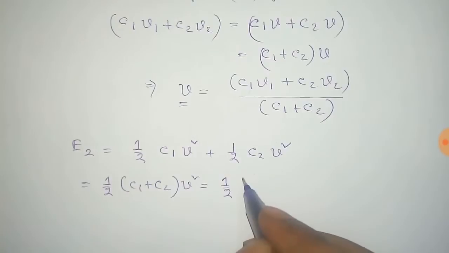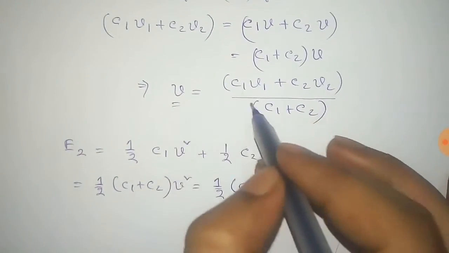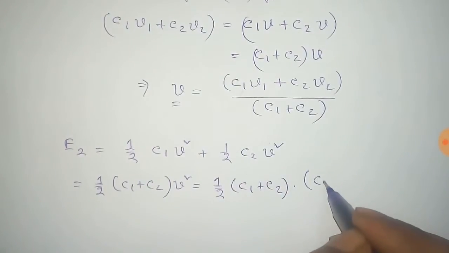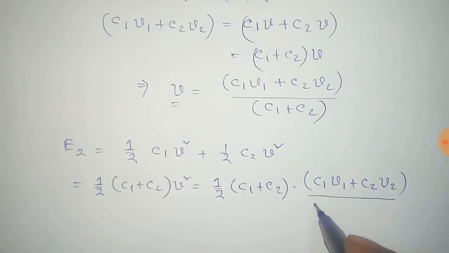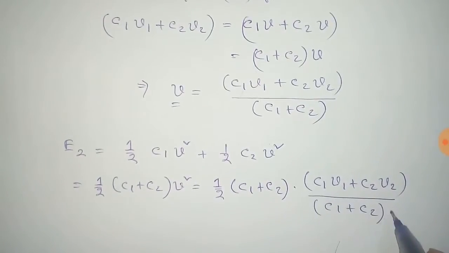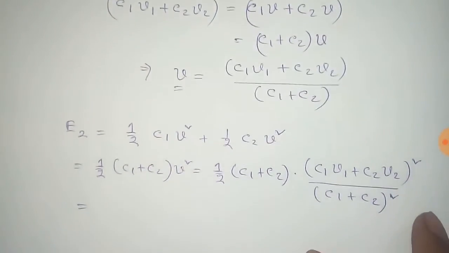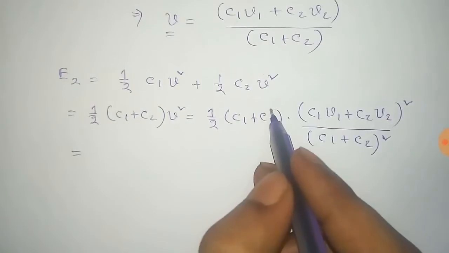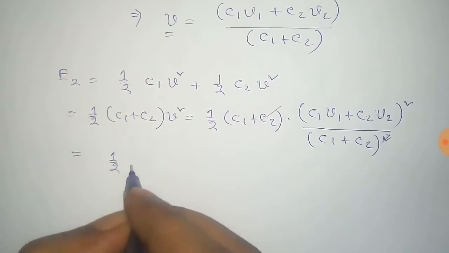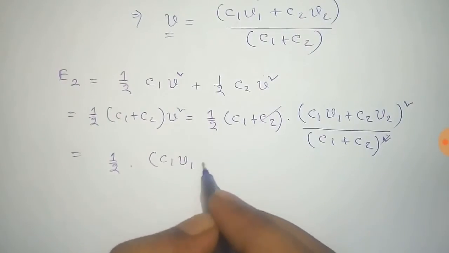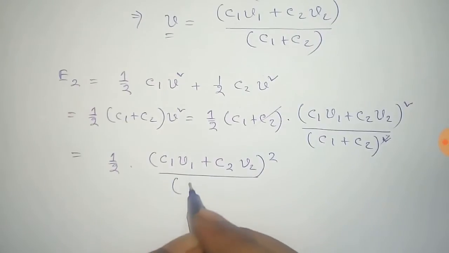And now we have to put the value of V square from this. Now you just have to simplify this expression. The remaining part would be half of C1 V1 plus C2 V2 whole square by C1 plus C2.